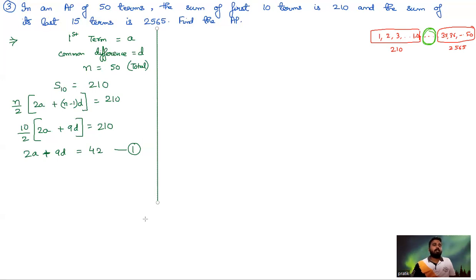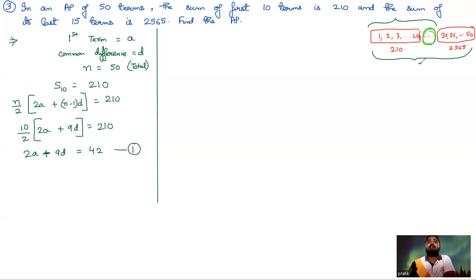Now going with the second condition, it says the sum of the last 15 terms is 2565. So how do we get the last 15 terms' sum? We take the sum of all 50 terms and subtract the sum of the first terms.